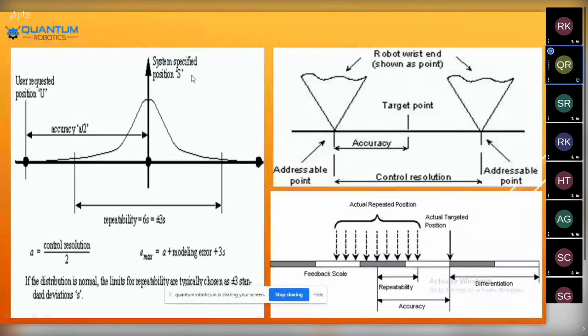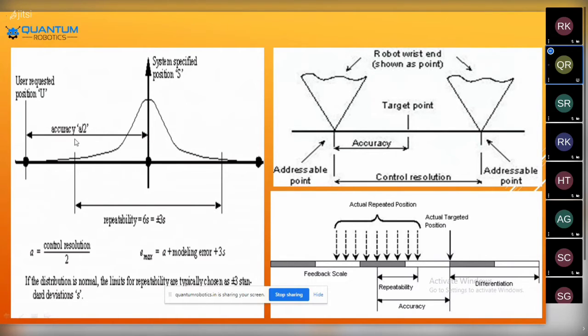User required means the particular person, who is a gesture, who is going to give the commands. He is in the user request position, and the user request position is this, and the system specified position is this. How will the system be specified? We can see this is the user, and here the system specified location, and how the accuracy will be defined and calculated.